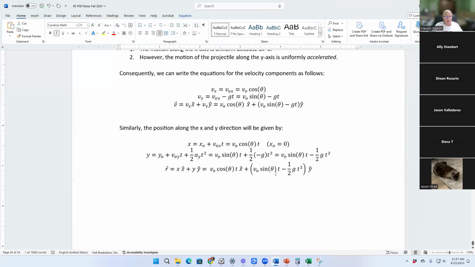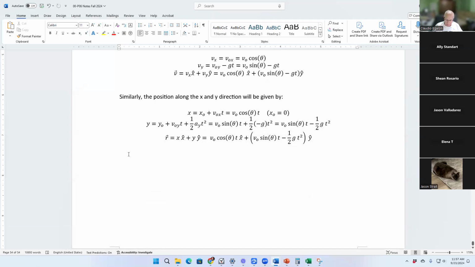I'll put now everything together just in vectorial notation. Vectorial notation again. Here you go. Equations of motion. It's going to be like that, but just the last term, I want to put g.